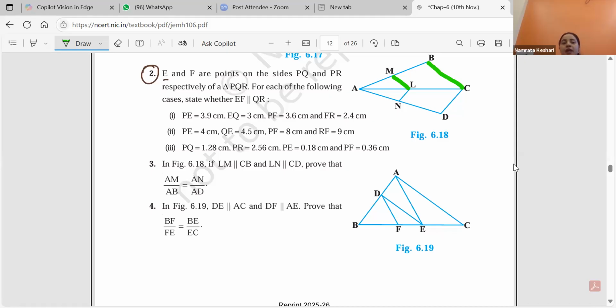If a parallel condition is given, these two lines are parallel. I will take a pause and ask you which triangle can be taken so that I can say that one of the sides is parallel to one of the lines. Which triangle can be taken over here?